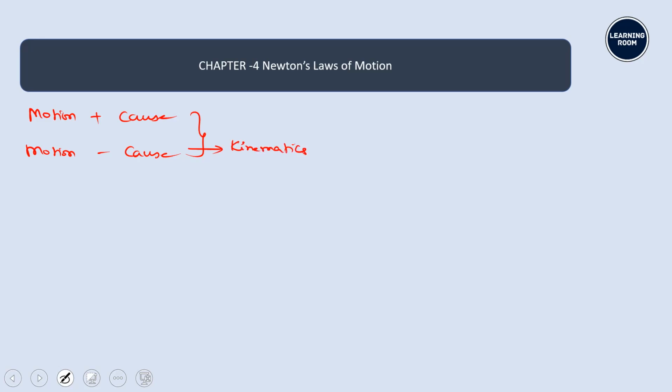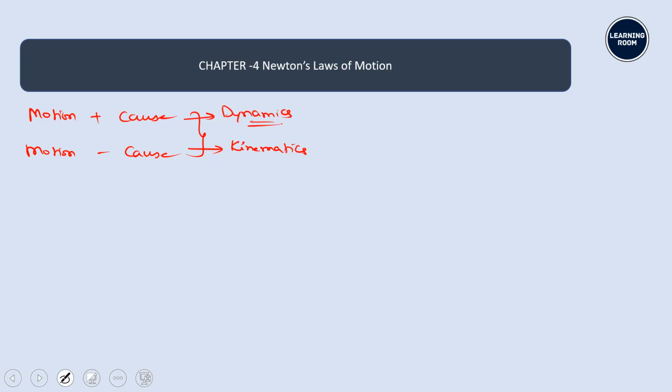The branch of physics where you're concerned only about the motion, but not the cause, is called kinematics. Whereas a branch where you're concerned about the motion as well as the cause is called dynamics.